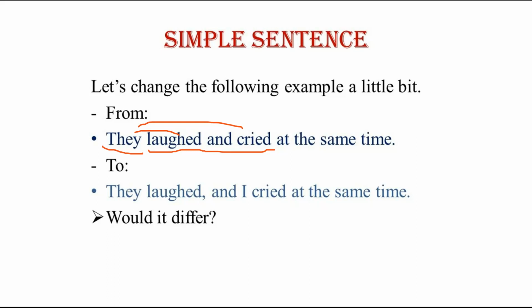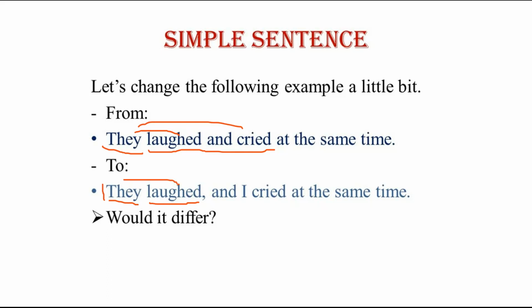In the second example, we say they laughed and I cried at the same time. Okay, obviously here it is not a simple sentence because they is one subject. They did an action, which is laughing. So we have one subject here and one verb. This is a simple sentence alone.